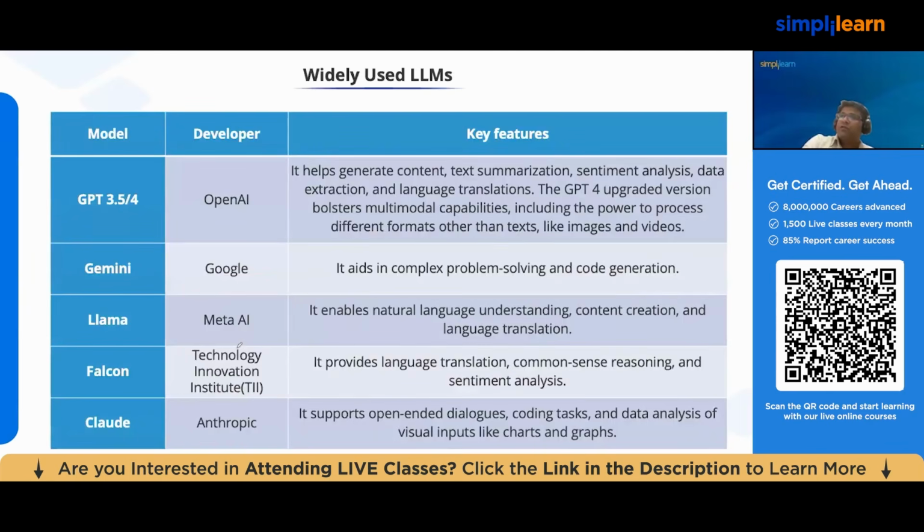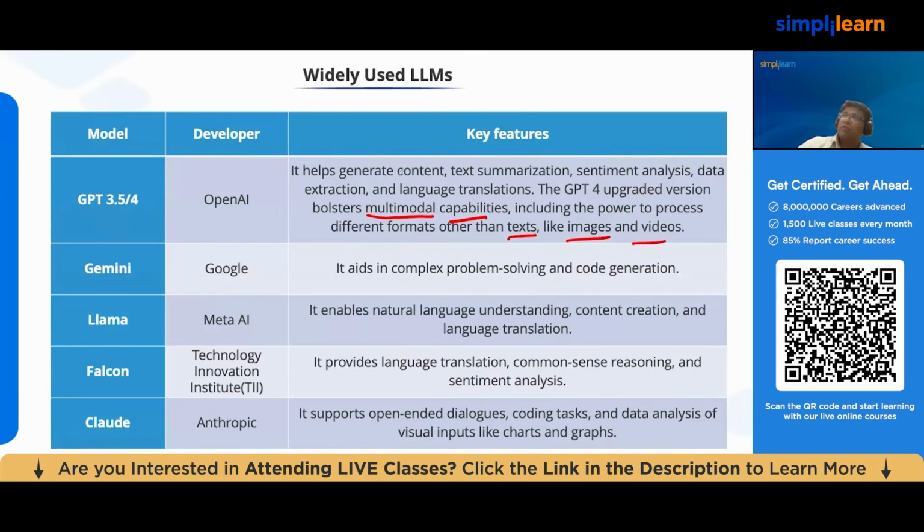These are some of the widely used LLMs, like ChatGPT 3.5 or 4, that we have been using. We already discussed that it has multimodal capabilities, including the power to process different formats like text, images, or videos.